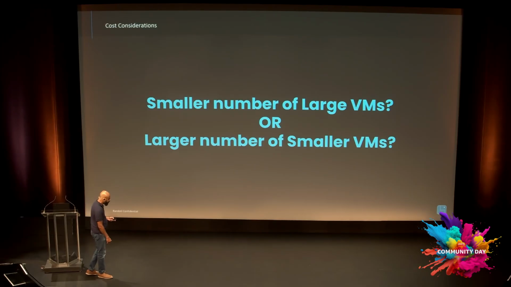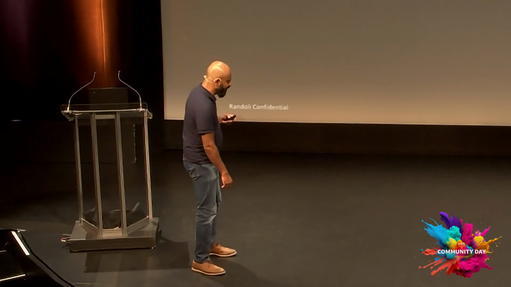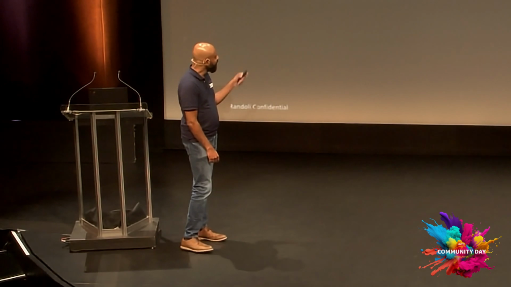And the other question that people have is, should I do a smaller number of large VMs or a larger number of smaller VMs? It's an interesting question. Like I said, sometimes ramp-up time and other things are important. Some people like the smaller number of larger VMs because it gives a smaller blast radius.